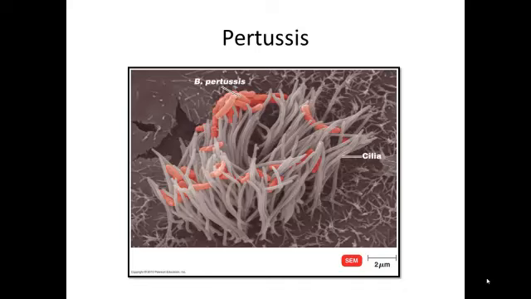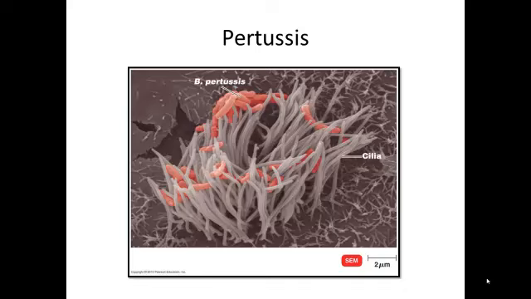Now, pertussis comes in two stages. You have the first stage, which is very similar to the common cold. Then you move into the second stage where you get the severe coughing, where we get the term whooping cough from. In some cases, the coughing is so severe that the child breaks their ribs. It's not good. Smaller children, because they have a harder time coughing, get the classic whoop.